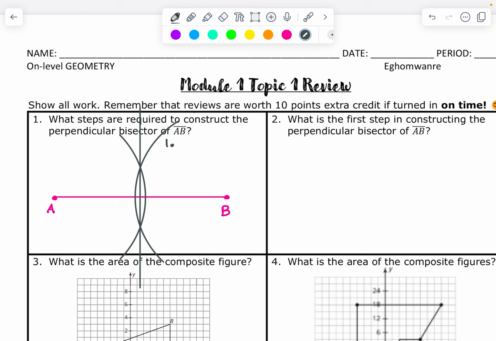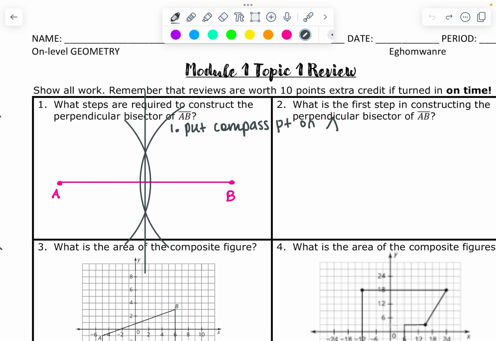After you've established where AB is, you're going to put your compass point on A or an endpoint, so that it opens past halfway across AB.